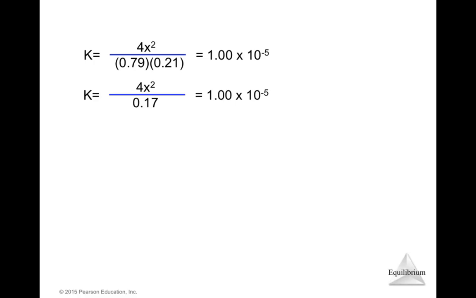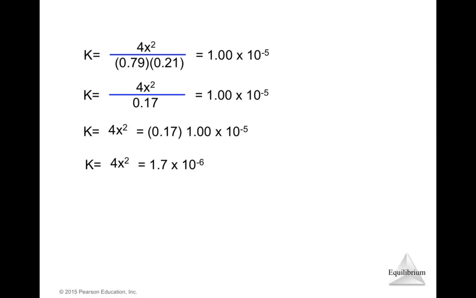Then let's move the 0.17 to the right side by multiplying both sides by 0.17, and we're going to have 4x squared equal to 0.17 times 1 multiplied by 10 to the power of minus 5. Now we can solve the right side of this equation. So 4x squared will be equal to 1.7 times 10 to the power of minus 6.